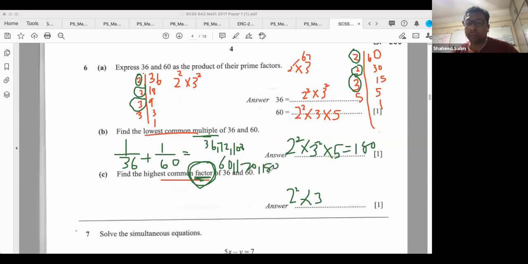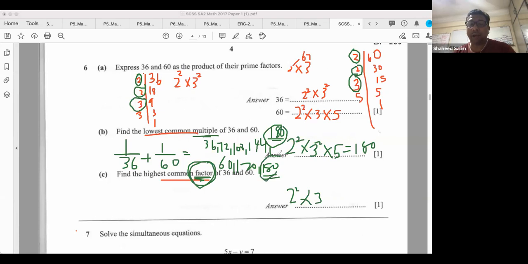You see, the third multiple of 60 is 180 already. This one is a continuous amount. Okay, you plus 36: 108, 144. Plus another 36, 180. Can see now? This is lowest common multiple.